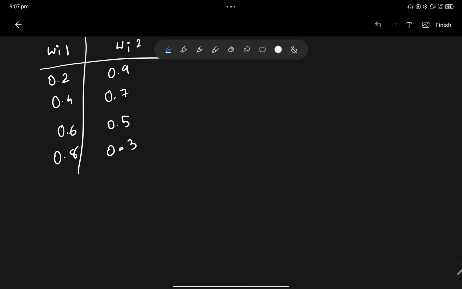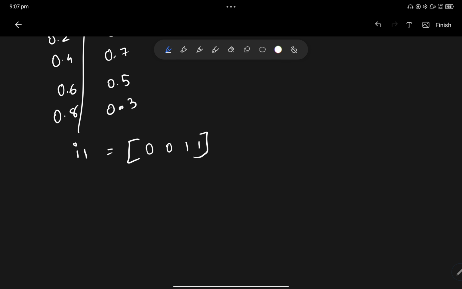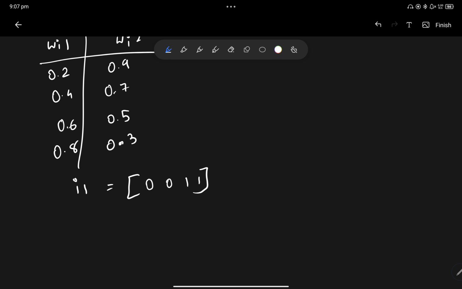The first instance I1 has the values 0, 0, 1 and 1. Everybody knows the Euclidean distance, so for each you have to calculate it. We'll calculate the distance of C1.